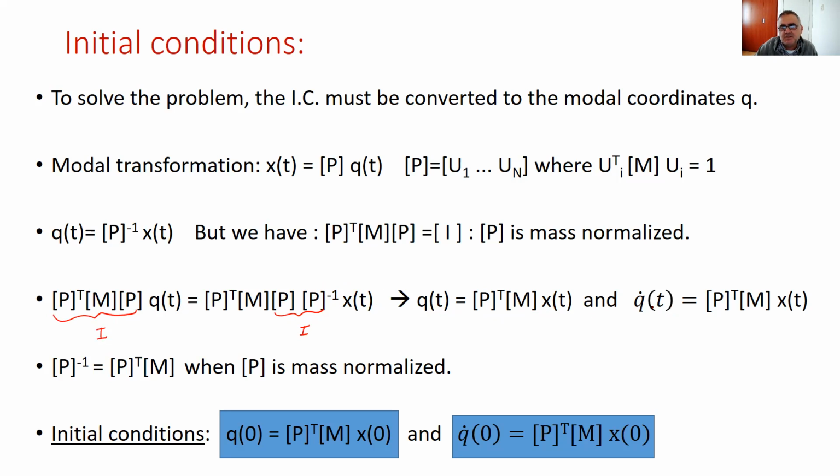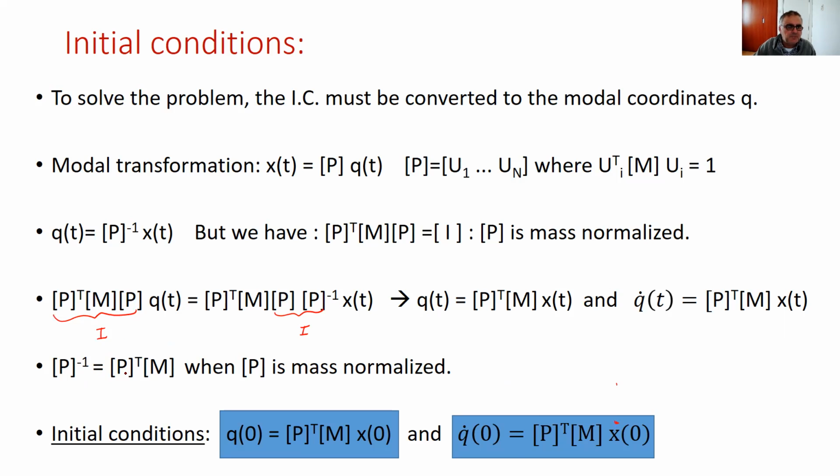And if you take the derivative of that, q dot of t is equal to P transpose M x dot of t. We have a dot here. Also, we have a dot here. That's missing. Okay.